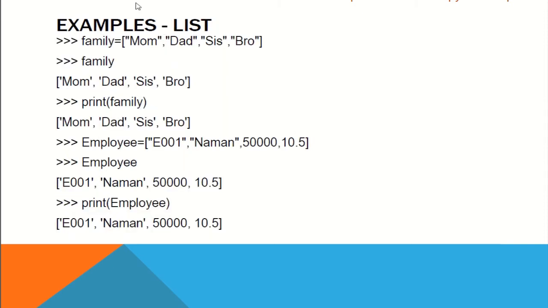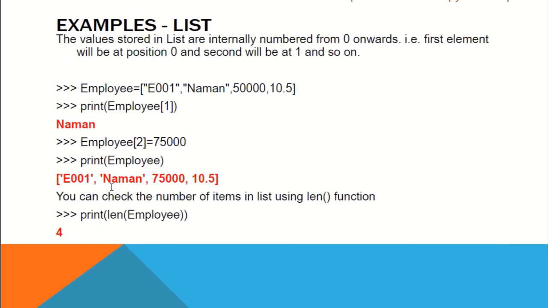These are the various examples of how the list is displayed. The values stored in a list are internally numbered from 0 onward, that is, the first element will be positioned at 0, second at 1, and so on. So employee E001 is there, so it will display the first one.